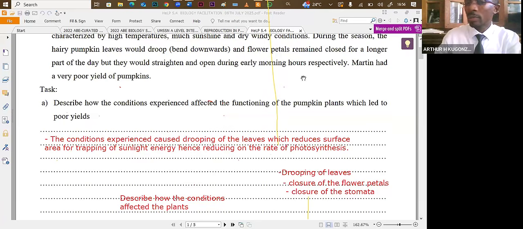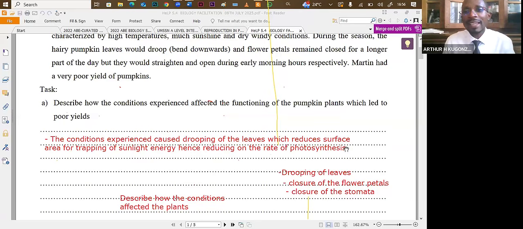Okay. If I have got you right, you're saying that after photosynthesis, you describe what happened, which led to poor yields. But which led to poor yields is given in the task. That is what you're responding to. You're responding how these things led to poor yields.